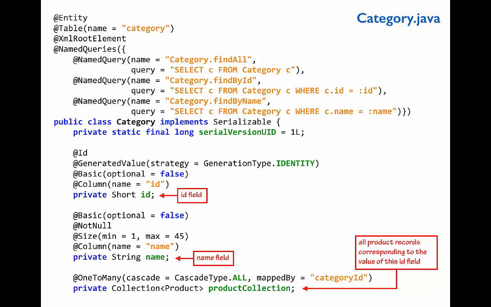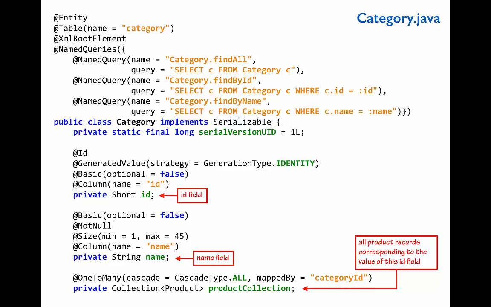One of the nice things about the Create Entity Classes from Database wizard is that it analyzes the database as a whole, and it can detect when one table uses the primary key of another table as a foreign key. Having easy access to all products associated with a particular category is something we need in the category page.